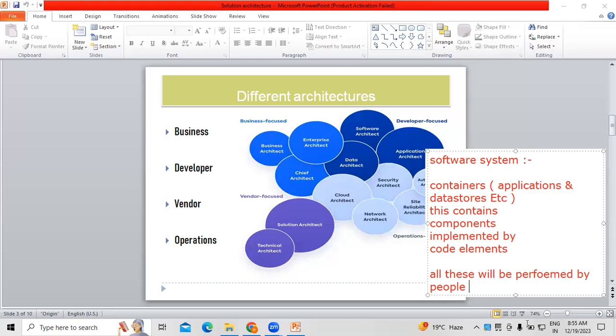If we are a solution architect, whenever we are trying to understand all this, the very first thing we need to understand is the context view. What could be the business context of the customer? What is it that they are expecting?